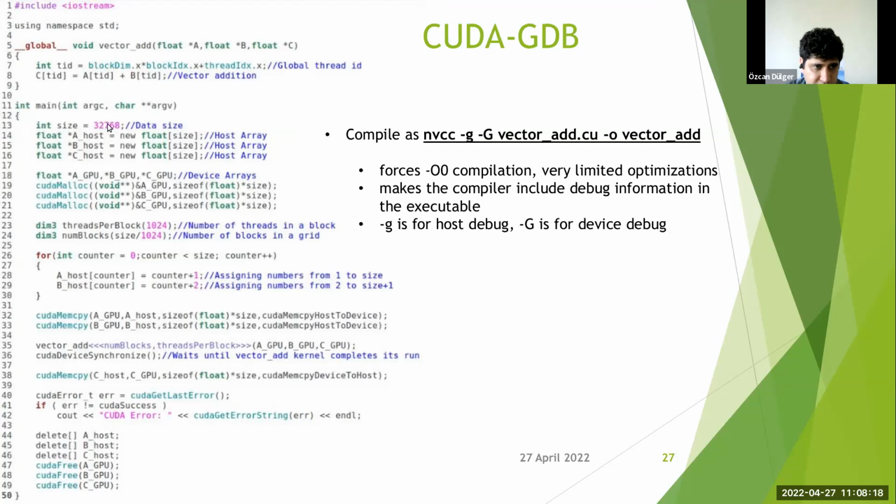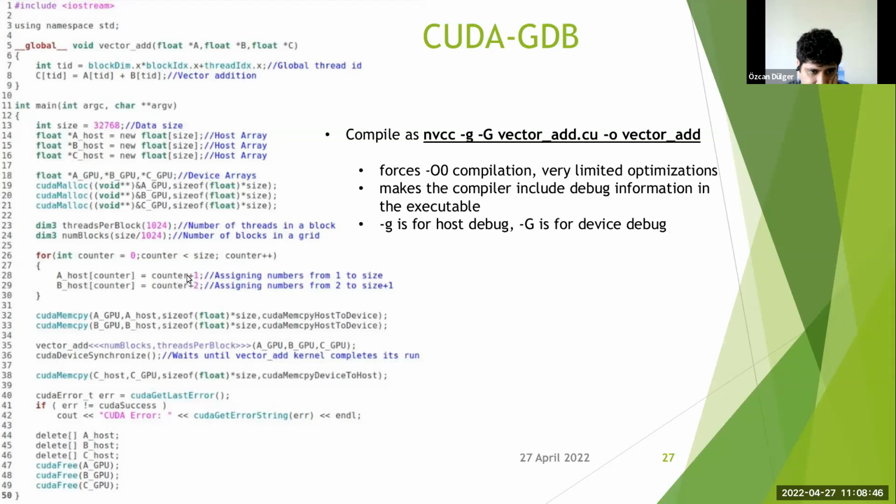We create 3 host arrays, we create 3 device arrays, and we set the number of threads per block to 1024. The number of blocks is the size divided by 1024. And we initialize A and B.